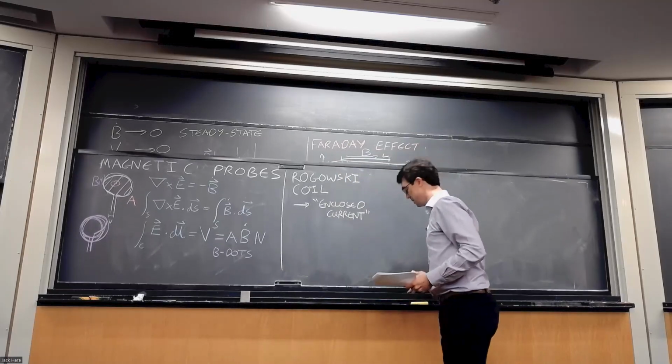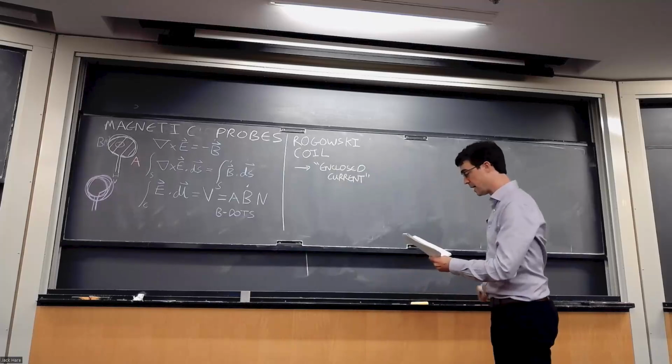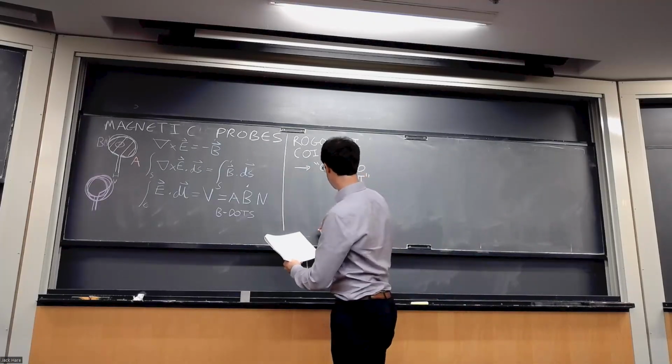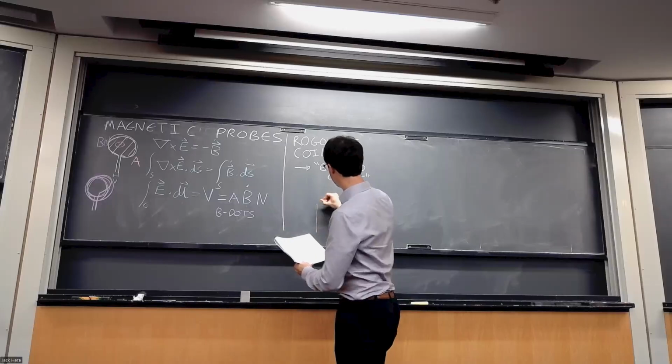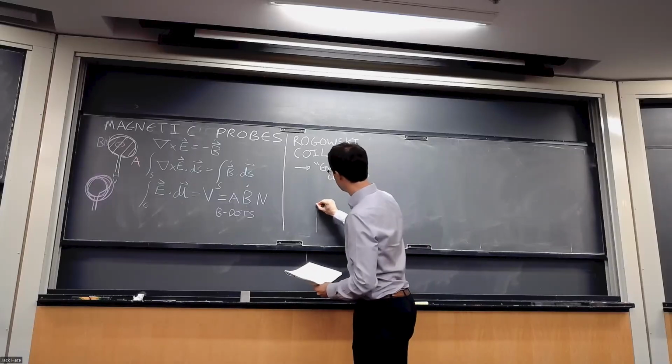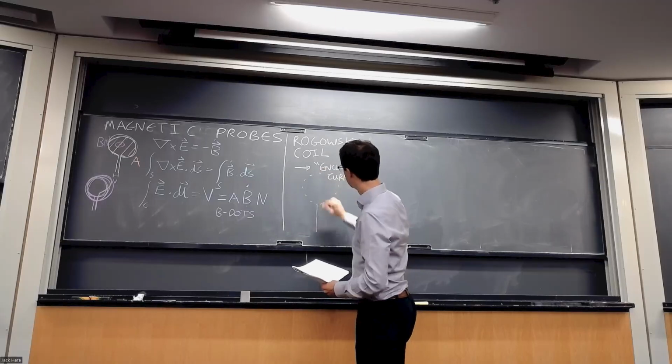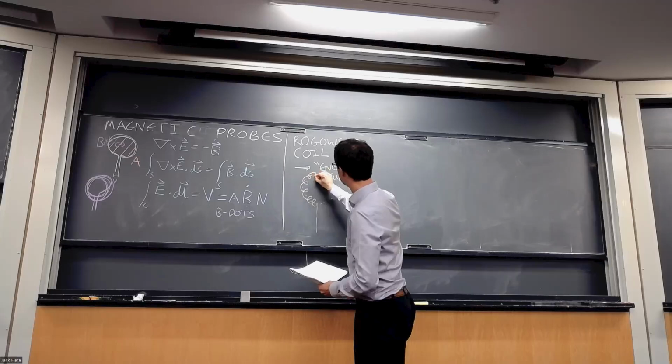So a Rogowski coil looks like, let's see what the best way to draw this is. We have a little bit like a B dot, a cable coming up. Instead of just going around in a loop like this, we have something that spirals around in a helix.